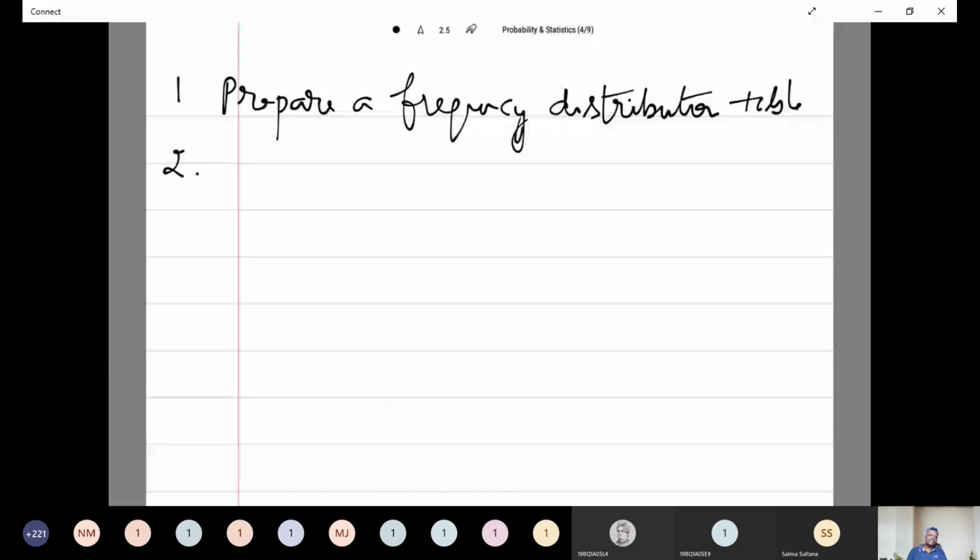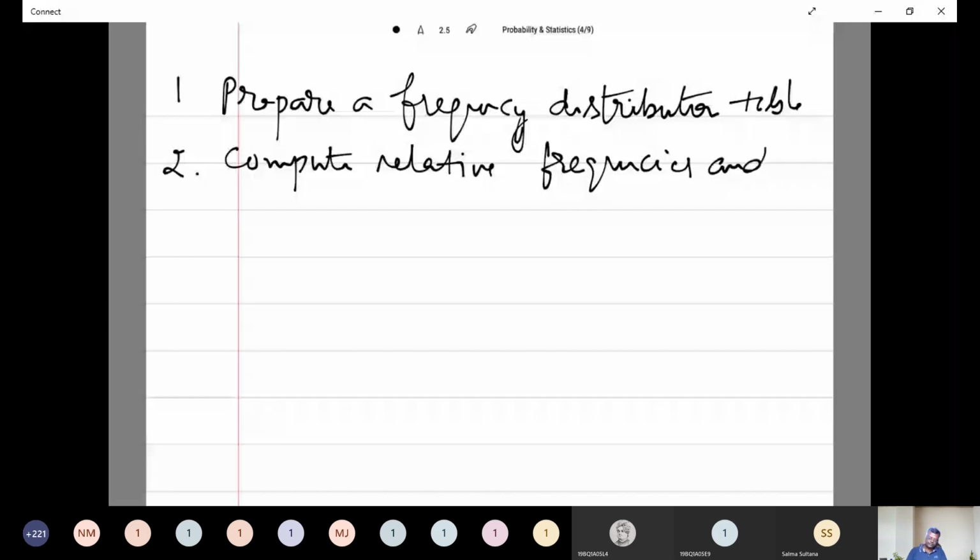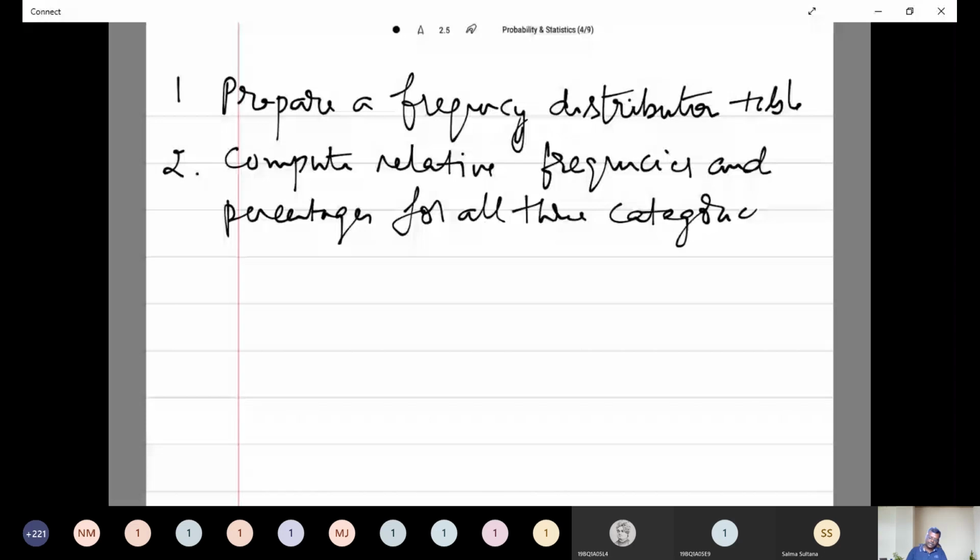Compute relative frequencies and percentages for all three categories: A, B, C. Number 3.